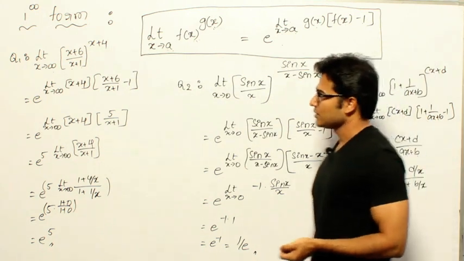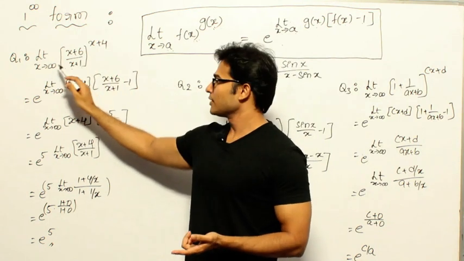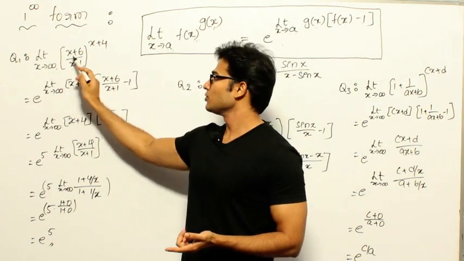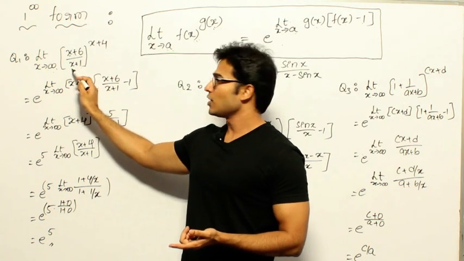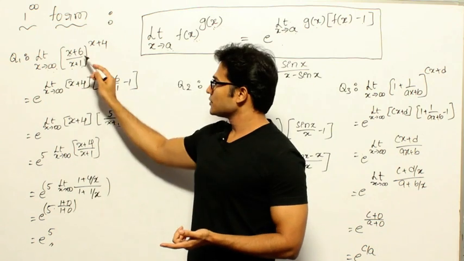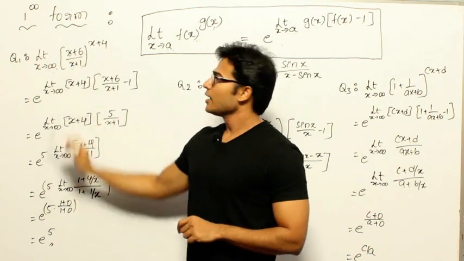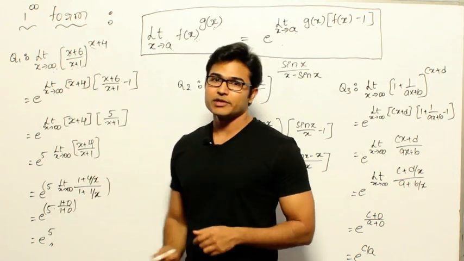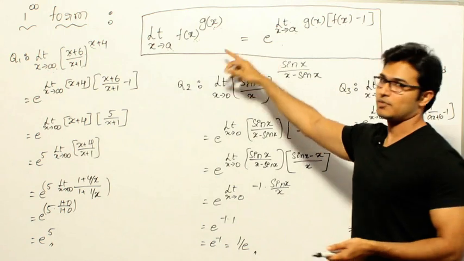In order to test it, can I make this one as 1? Yes, when limit x tends to infinity, you pull out x as common, and I am going to get 1 plus 6 by x over 1 plus 1 by x. Now 6 by x and 1 by x will become zeros, therefore you are going to get 1 here. And what about the exponent? You are going to get infinity. So I got 1 power infinity form. Now I am going to use this formula.